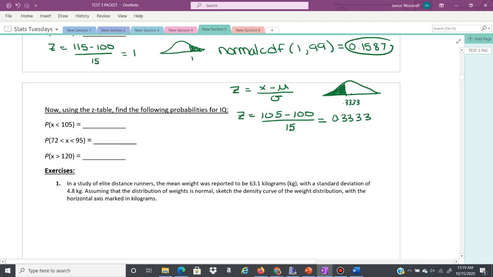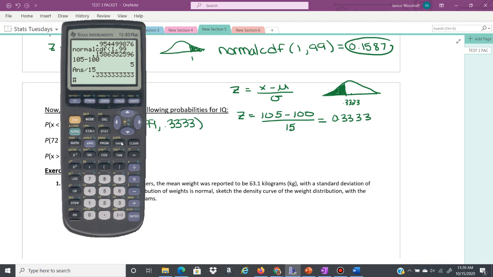When it's going to the left, we have a lower limit of -99. So here I would go normal CDF, -99, comma, 0.3333. So I get 0.6305.